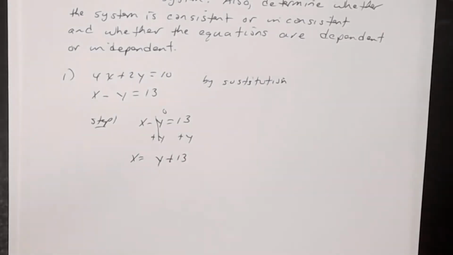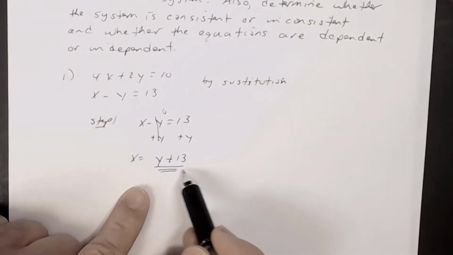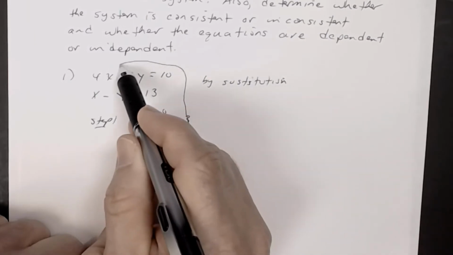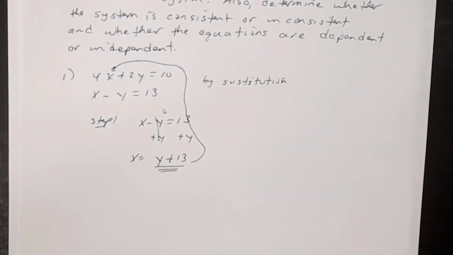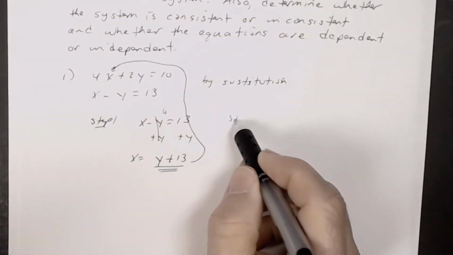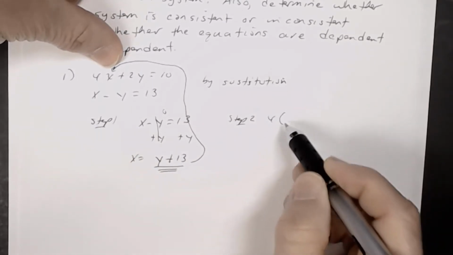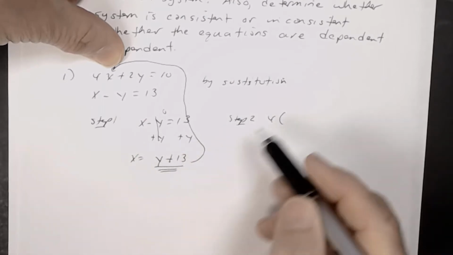Once you isolate one of the variables, you take this expression and substitute it into the other equation. So you can go here and substitute into that variable x. Step two becomes 4 times this expression, which is what x represents, y plus 13.